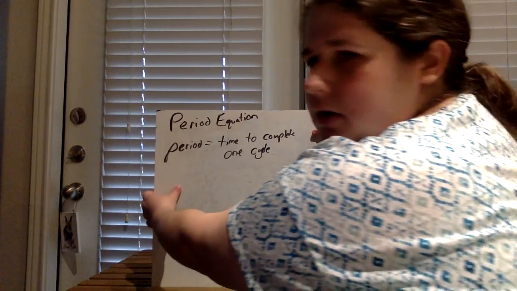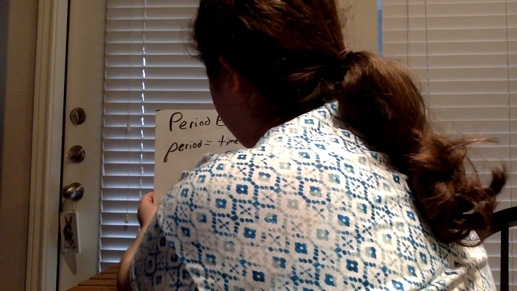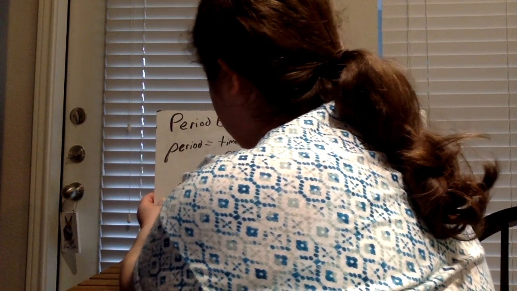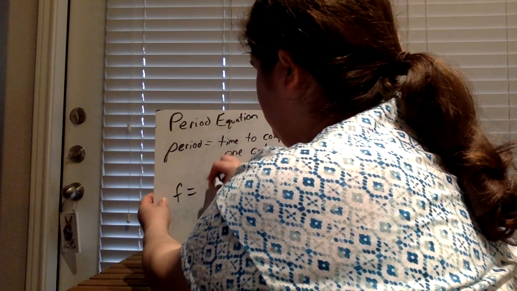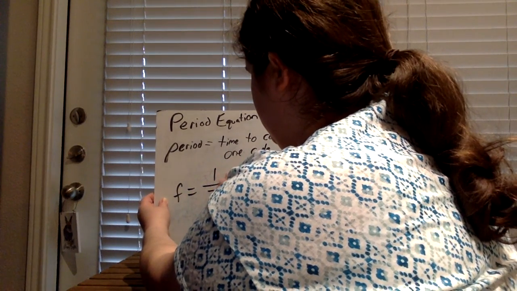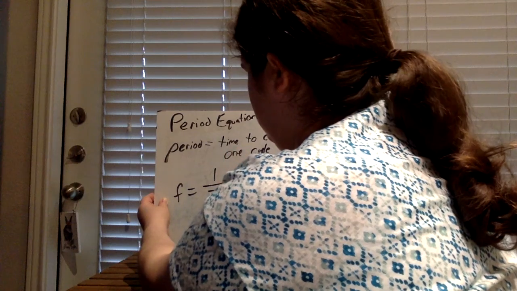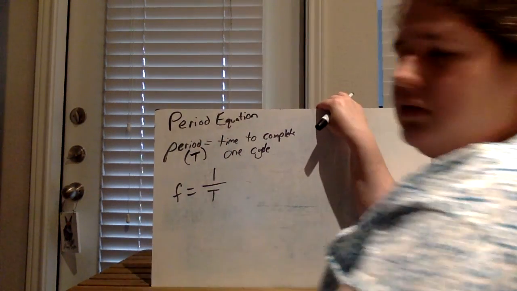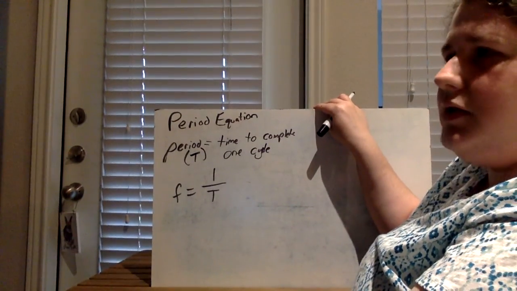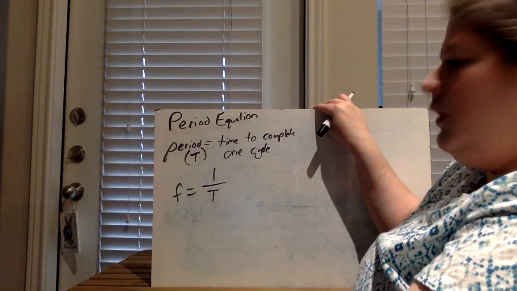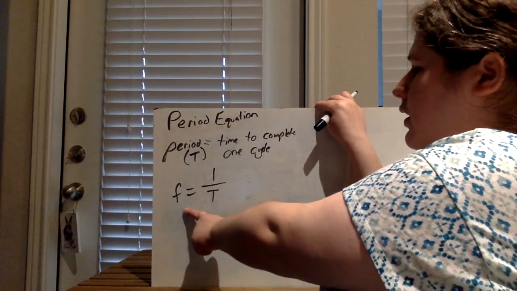So the period is related to the frequency. My equation is going to be frequency is equal to 1 over the period. Period is represented by a capital T. I don't know why they chose a T. They just did. So that's my period equation.